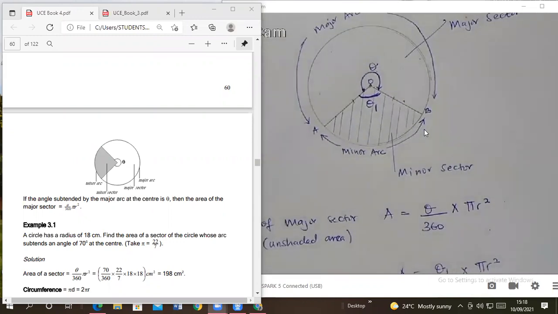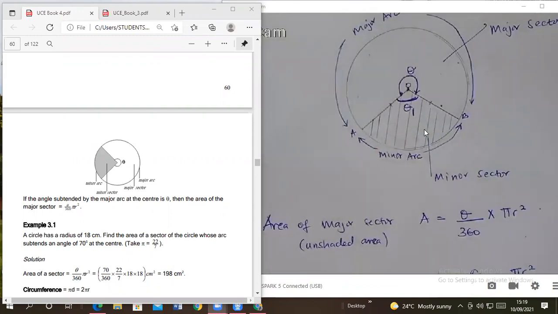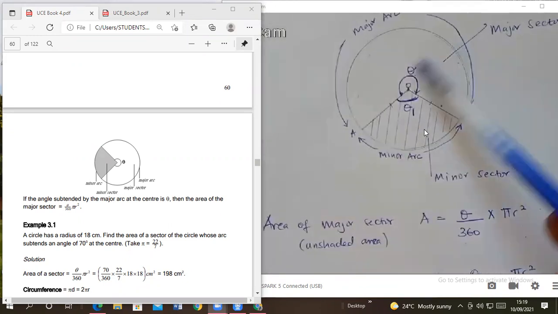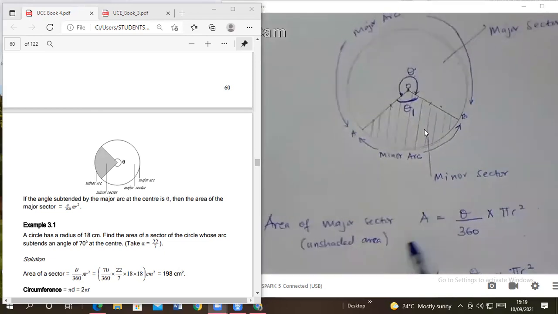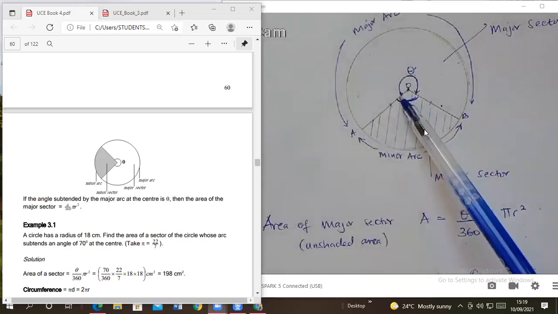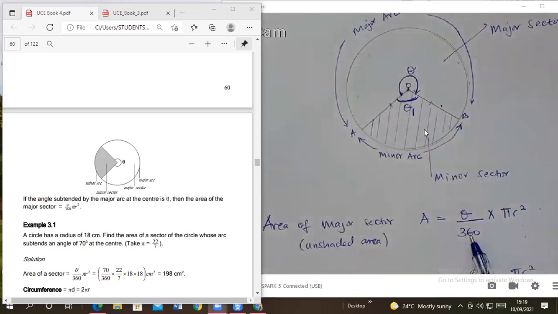So there you can see that the area of the major sector is given by theta over 360 times pi r squared. This is the theta, and this unshaded side is the major sector. So you have to get theta divided by 360. Why 360? Because the angle sum at the center is 360.